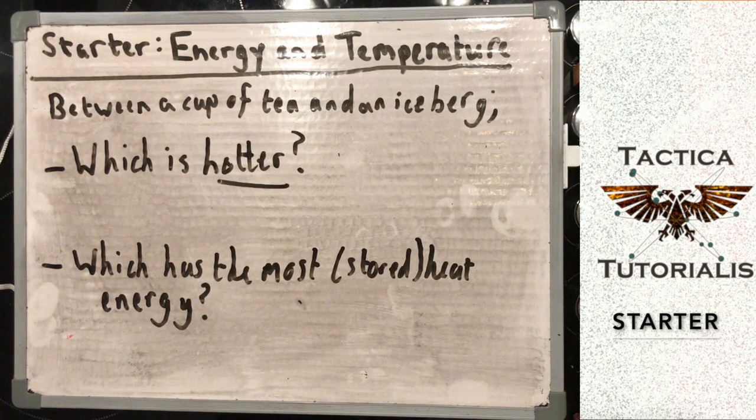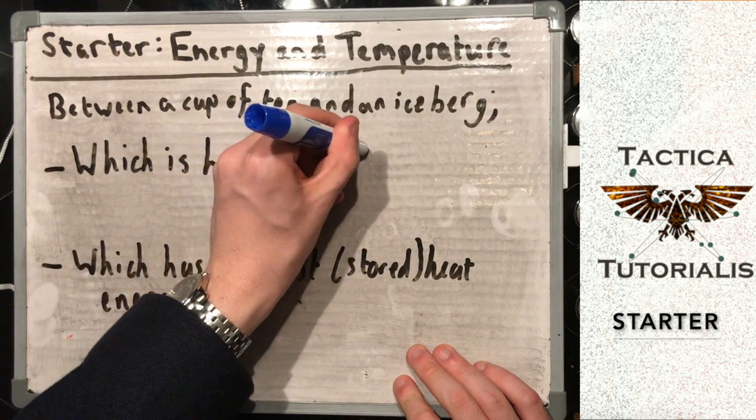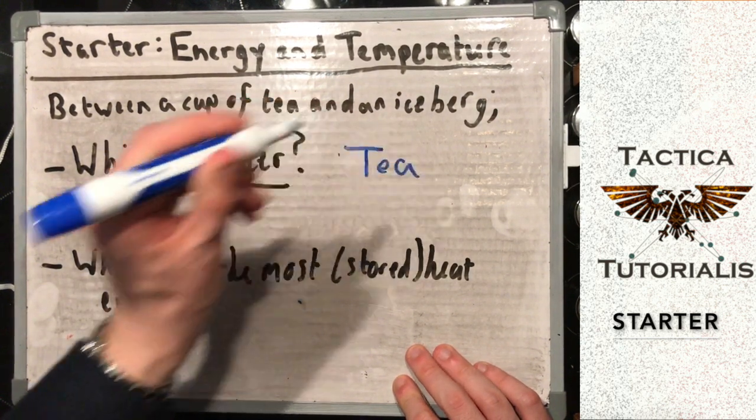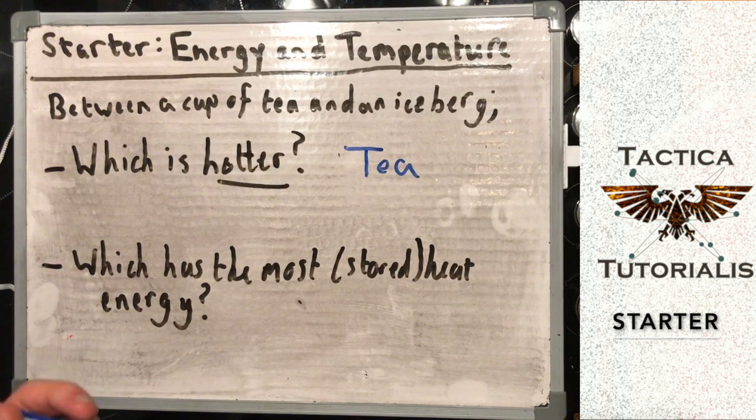So, answers then, now that you've had some time to think and have the video on pause. So, of the two, which is going to be the hottest? Well, the answer to that one hopefully was relatively intuitive. It's going to be your nice cup of tea. I would hesitate to say how hot a cup of tea is, but typically, because you put boiling water in it, a cup of tea is very, very hot.